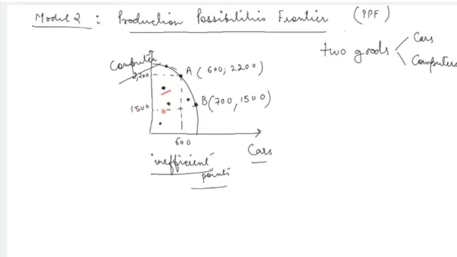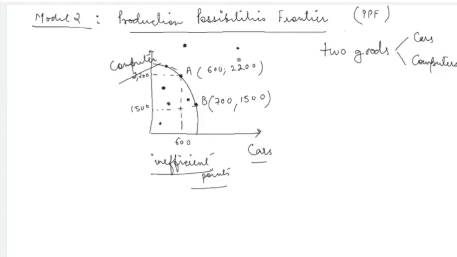So obviously these points are also included in the production possibility frontier because these are also equally possible production points. Although as an ideal situation, you would want to be at the boundary points because that is the point which is using your resources to the best possible case, but it is also possible that you are at one of these points. Then you have another set of points which are lying to the right of this boundary.